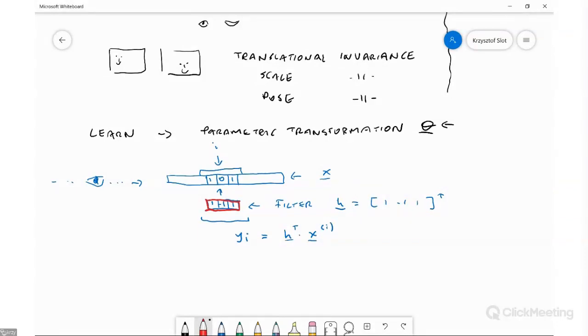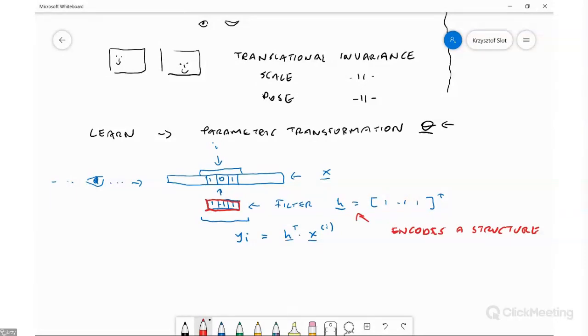Any other structure will give me a lower outcome because it does not fit that well to my structure, because I'm encoding a structure that I am looking for in this filter. So I can say that the filter encodes a structure. This is the role of this filter.